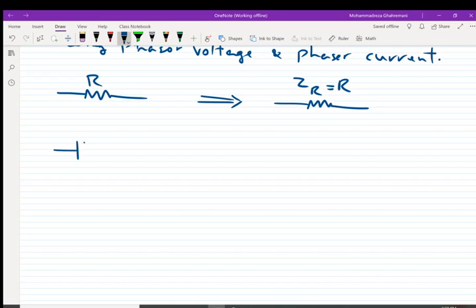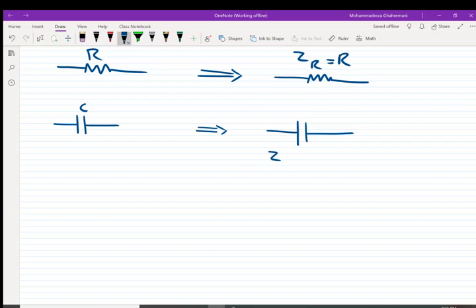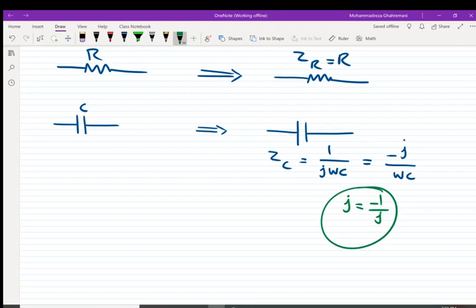For the capacitor, with the capacitance of C, we know that the impedance of a capacitor is equal to 1 over j omega C, or we can say negative j over omega C, because we know that j is equal to negative 1 over j, so these two terms are equal.